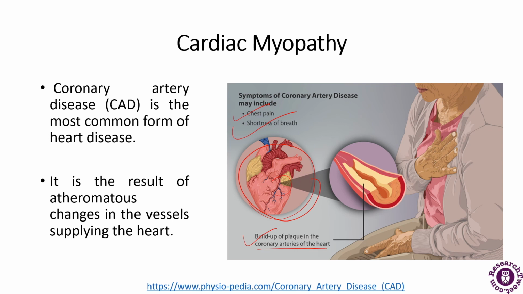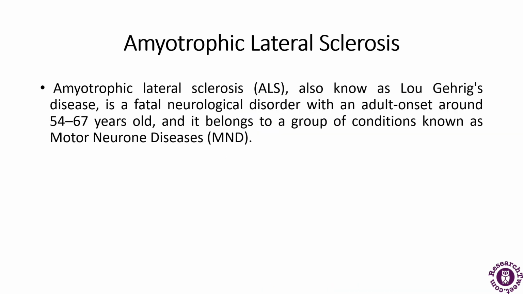It is asymptomatic in most of the population. When severe enough, it can cause angina or acute coronary syndrome, including myocardial infarction. It can also present with heart failure or sudden cardiac death. So this was about the cardiac myopathy.